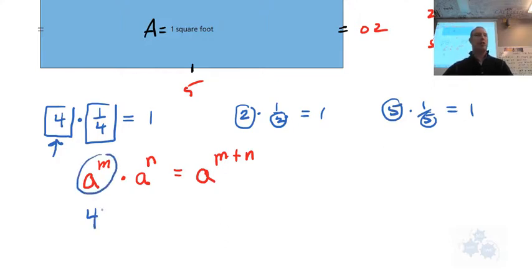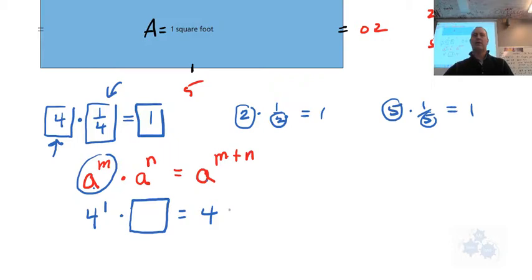What would the exponent be on 4? 1. Okay. So I am looking for another pair here to represent this 1 over 4. And keep in mind that if we're talking about a and a over here, this has to be 4. What is 1? 4 to the power of what equals 1?